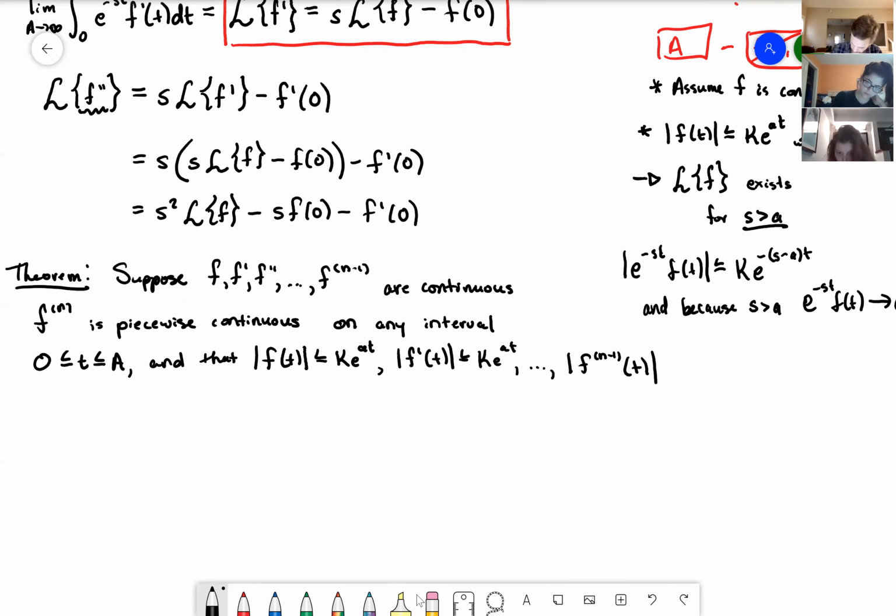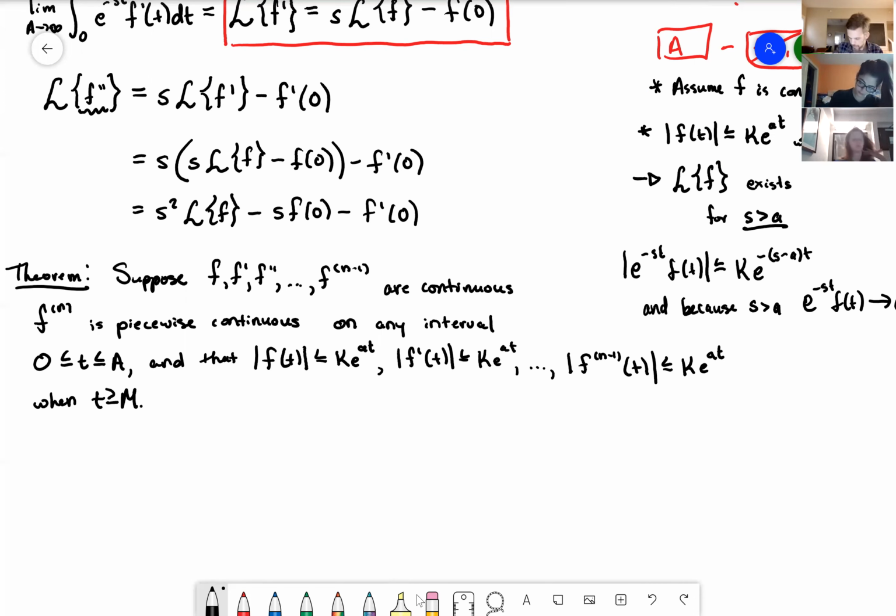So all of these things are continuous and of exponential order. And then the thing that we're trying to compute the Laplace transform of is just piecewise continuous. This is that condition.